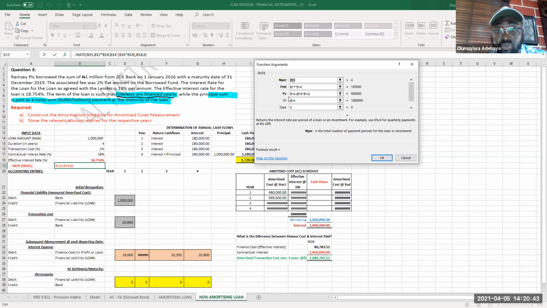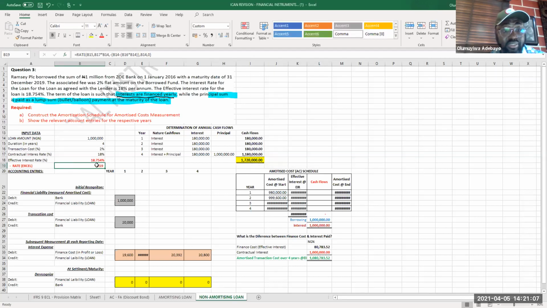Now, my present value is how much I collect. I can put that in negative. Okay, and that gives me my rate in percentages.